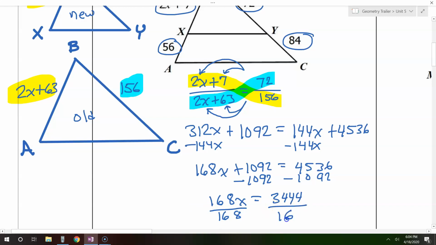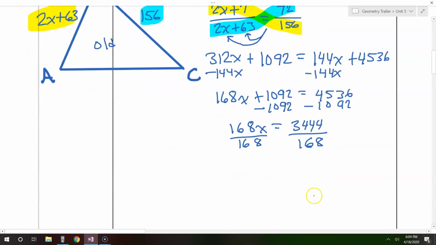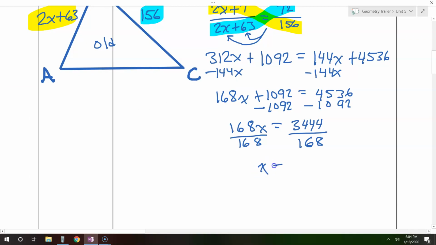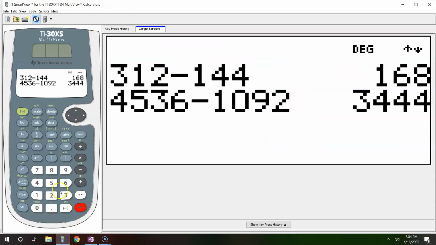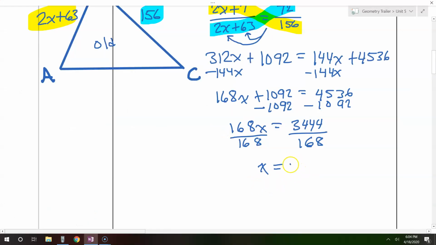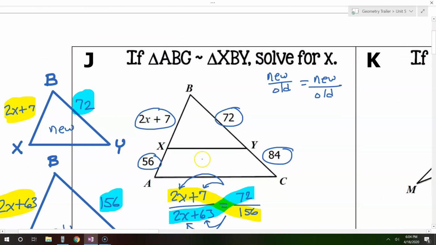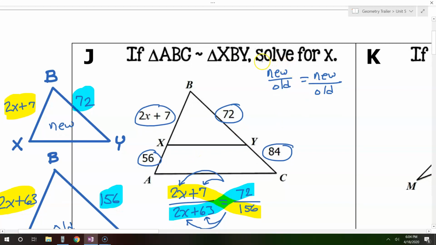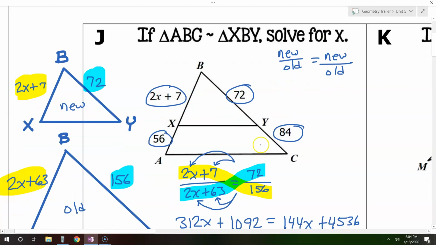So now I'm going to divide both sides by 168. And we get 20.5. So x is equal to 20.5. All right, let's just double check that, yes, we were only asked to find x, so that's it, we're done.